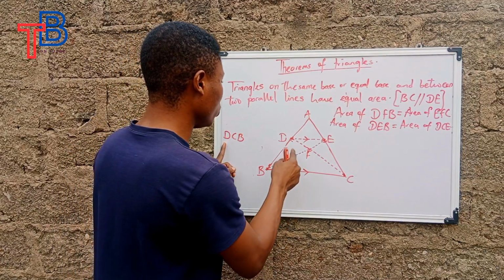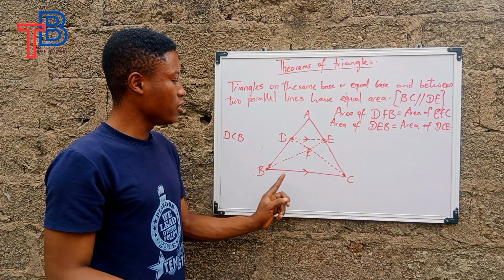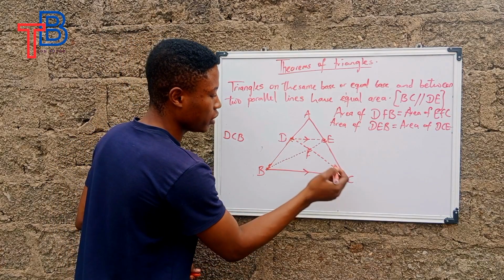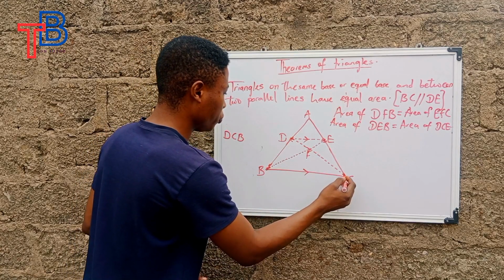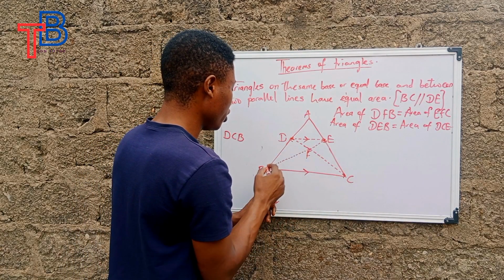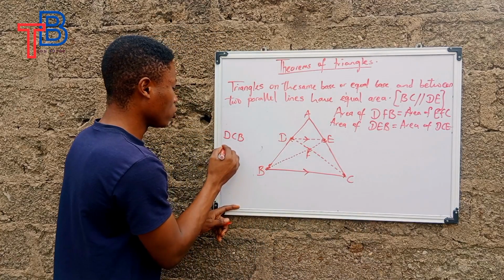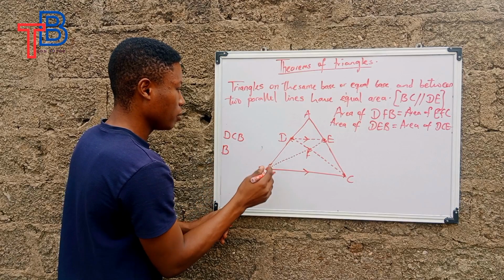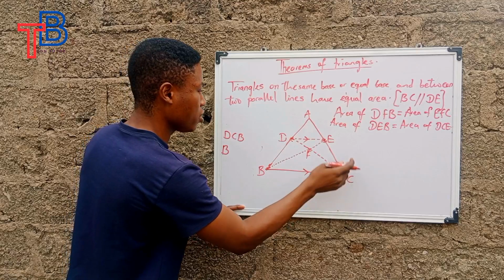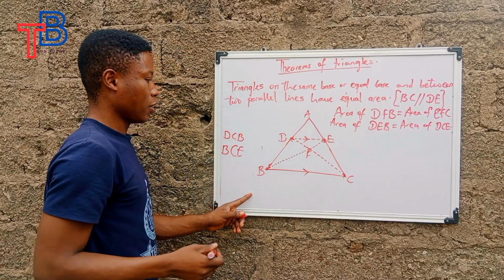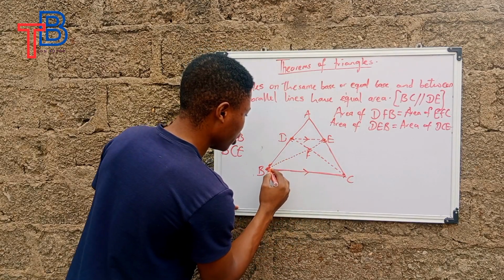I have triangle DCB. This triangle DCB here has this base and also this base. And if you check triangle BEC, or we can say BCE, anyhow you call it, they all share this base together. Check. This is the triangle.